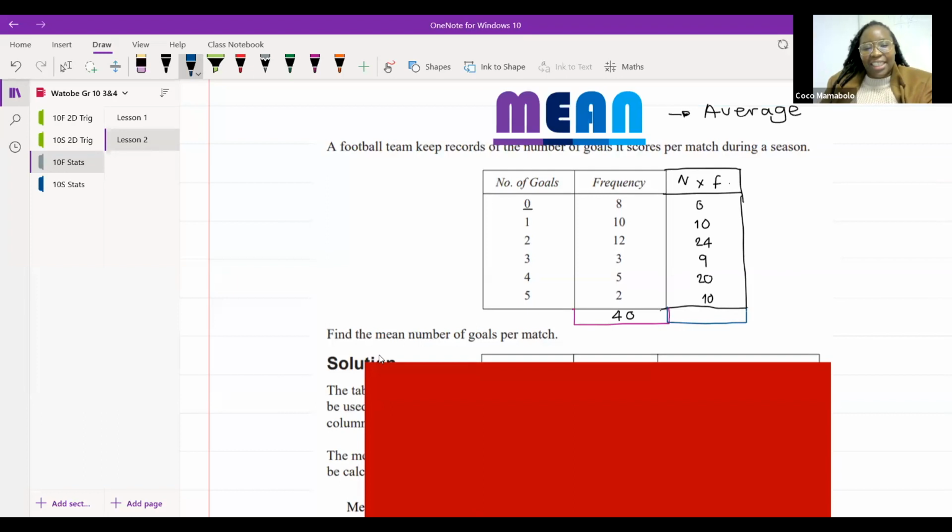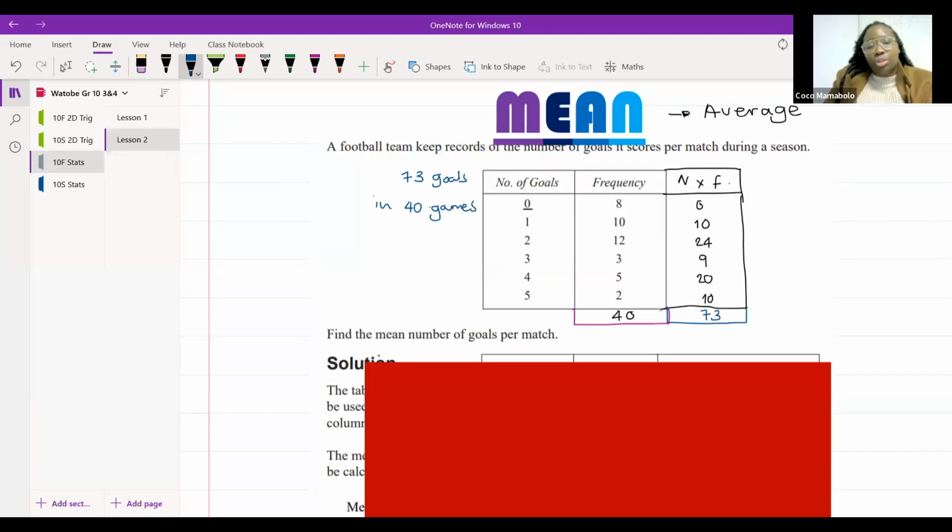Okay, add 0 plus 10 plus 24 plus 9 plus 20 plus 10 would give us? 73. Good. So if we want to find the average, we're going to say we scored 73 goals in 40 games, correct? Yes.